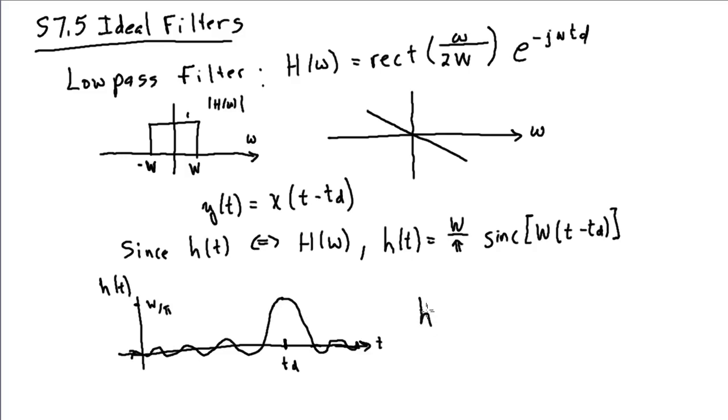One way to come up with an approximation to the impulse response of the ideal filter, and a more practical filter that has some of the same characteristics, is to multiply the impulse response of our ideal filter by u of t, resulting in a physical, causal impulse response that then can be realized.